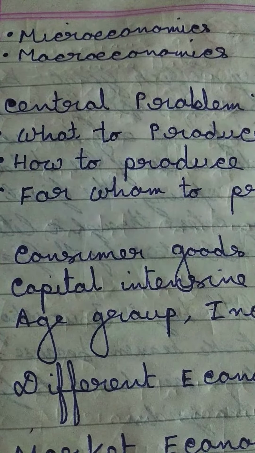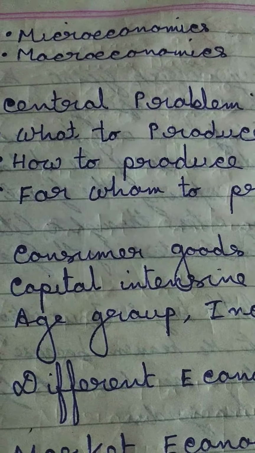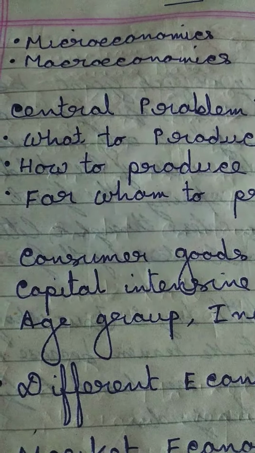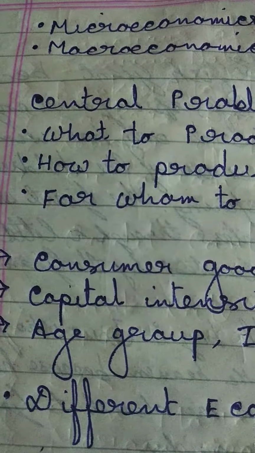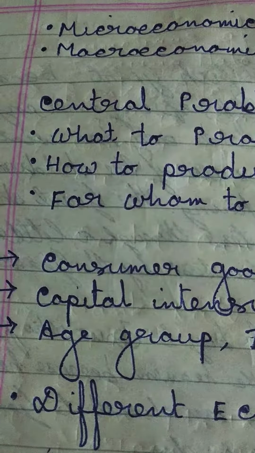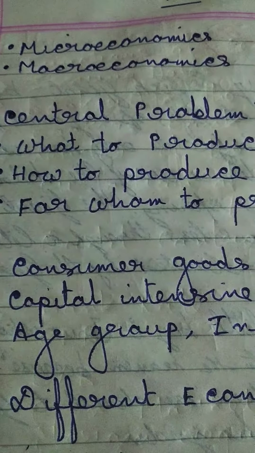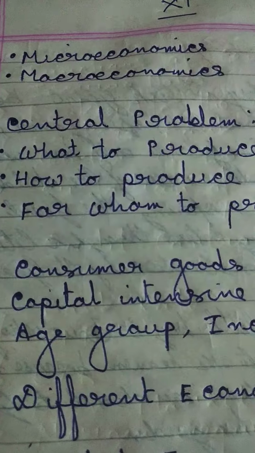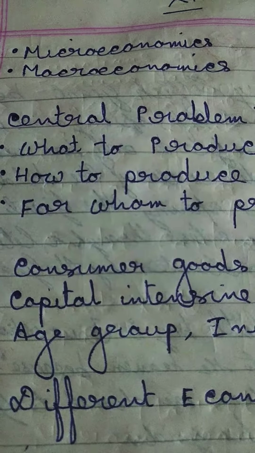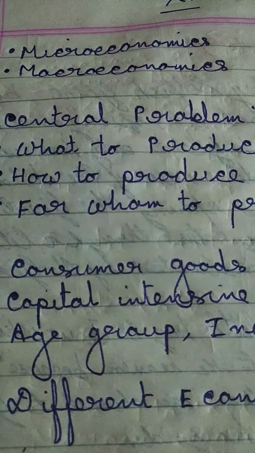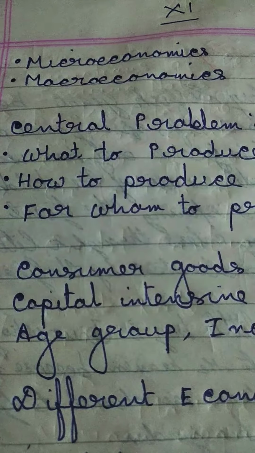Microeconomics basically deals with small economics, or you can say individual problems, individual demand, producer. Whatever be the problems or solutions, that will be concentrated upon the individual, not in aggregate terms.